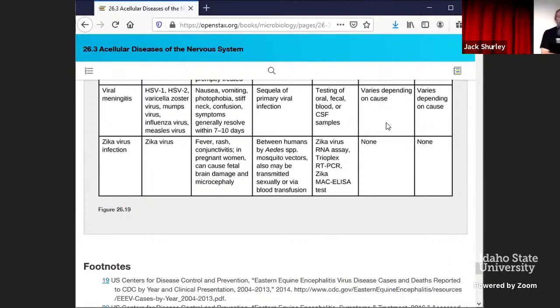As far as meningitis, viral meningitis, we've got handfuls of viruses that can fit into the viral meningitis category. Both herpes simplexes have the potential for that. Chickenpox, the varicella zoster, mumps, influenza, and measles, all possibilities for meningitis. So stiff neck, and we've talked bacterial meningitis as we see some of these same symptoms.